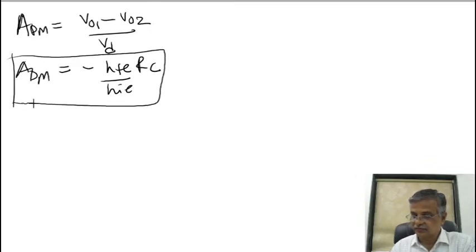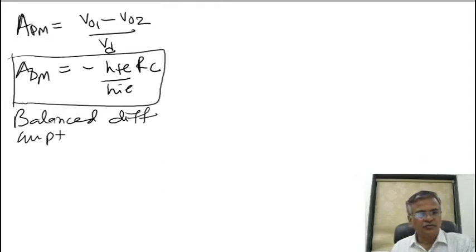This is the equation for the balanced differential amplifier. You must be aware, gain upon input resistance is called transconductance.